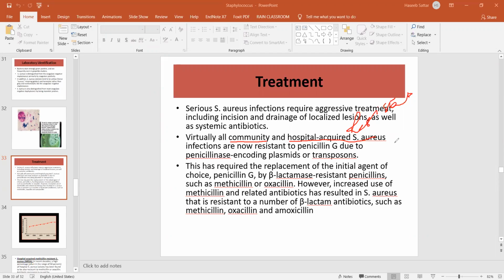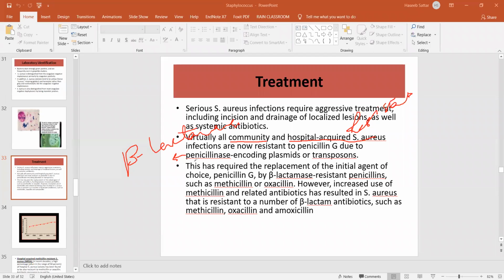Normally, this Staphylococcus aureus was previously sensitive to penicillin, but now the bacteria has acquired a gene to produce an enzyme, especially the penicillinase enzyme, or we can also call it the beta lactamase enzyme.